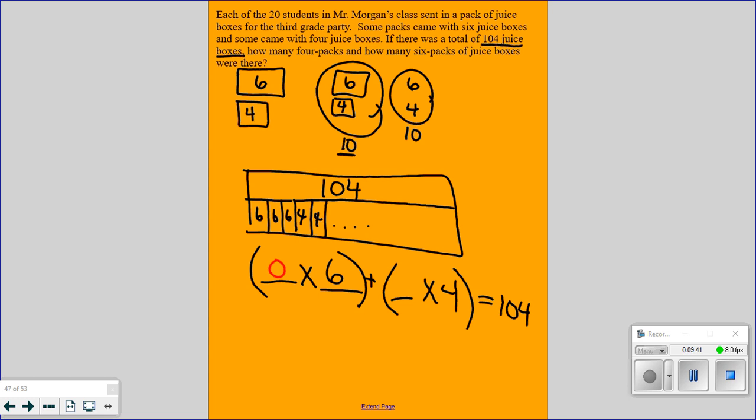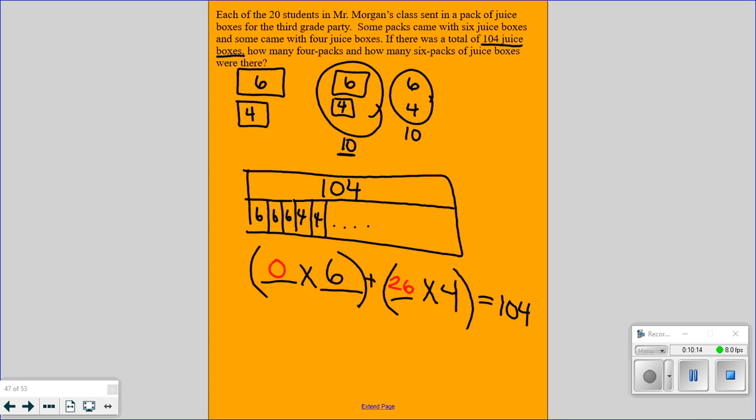So Bryson, if you had 0 groups of 6, how many groups of 4 did you have? 26 groups of 4. So this is what Bryson's equation looks like.